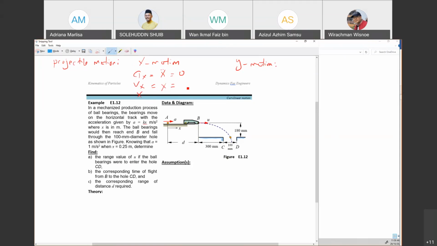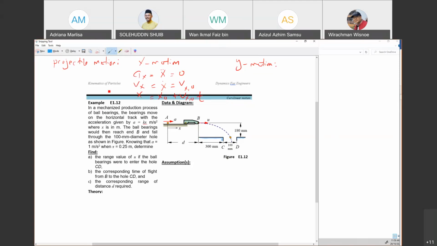X dot is basically Vx, and then X is basically X0 plus Vx times T.